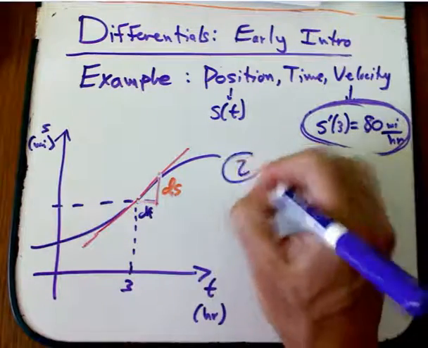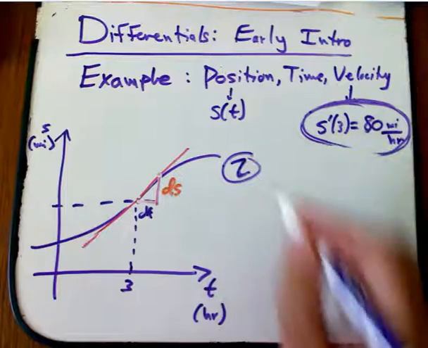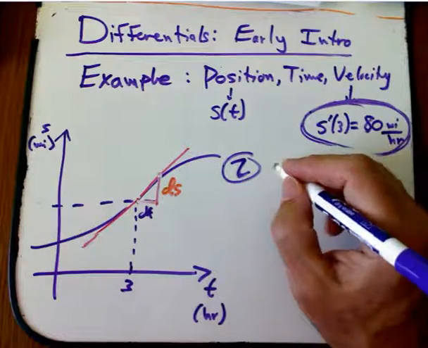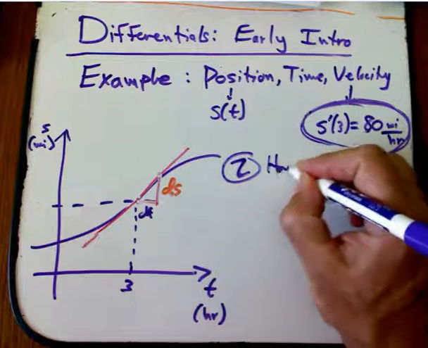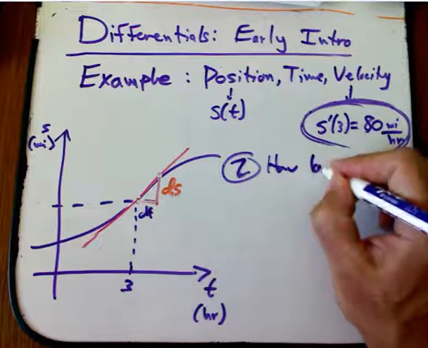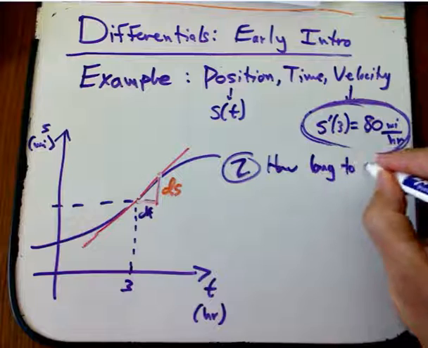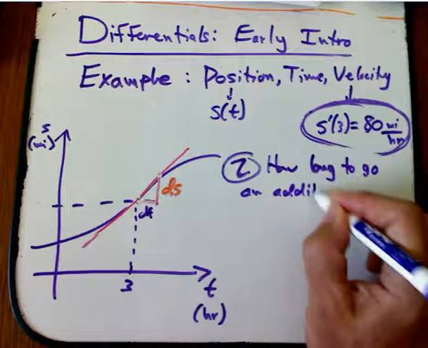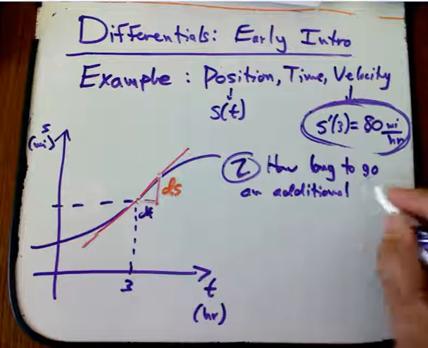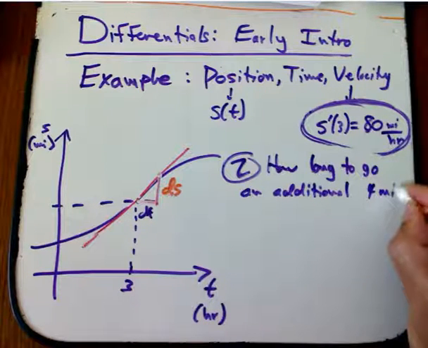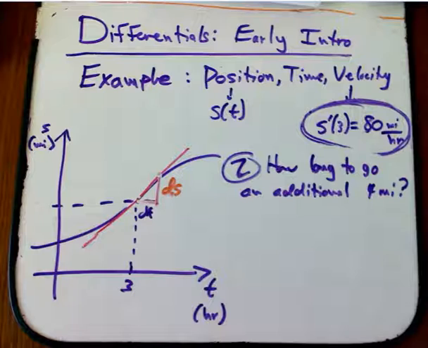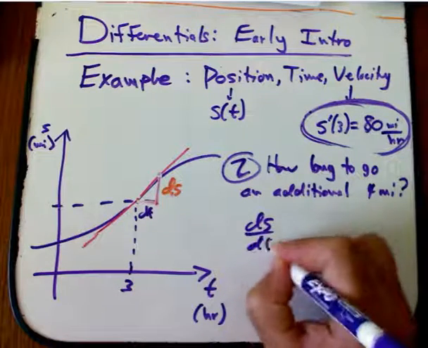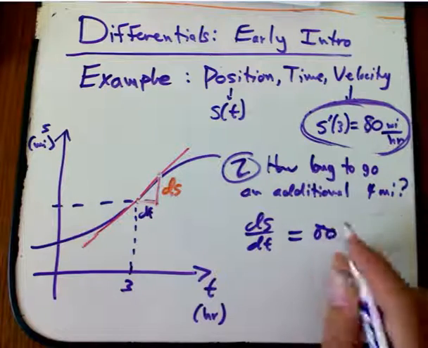Okay, so if you're going 80 miles an hour and you went a tenth of an hour, duh, we go 8 miles. And we could flip it. We could say how long will it take to go an additional, from wherever we are, let's say 4 miles. Very easy if you build on the last question, but let's suppose we hadn't done that, and then we can use that as a check. ds over dt equals 80.